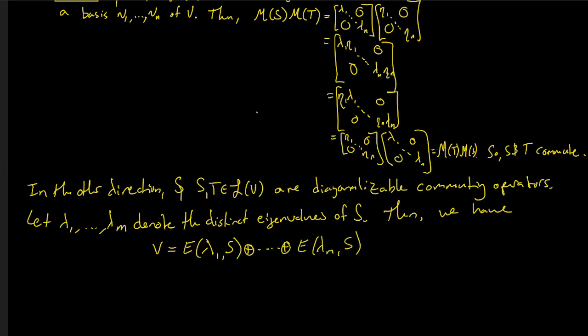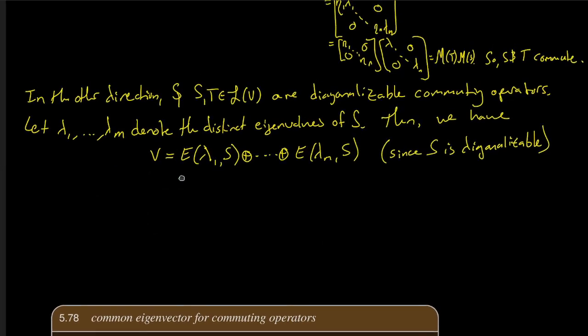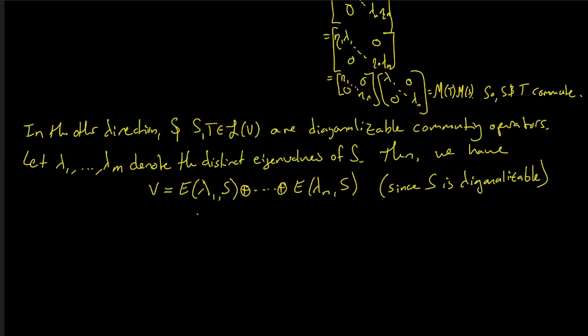So last time we showed that if S is diagonalizable, then V, the vector space on which S is an operator, is a direct sum of the eigenspaces of S corresponding to its distinct eigenvalues. All right.